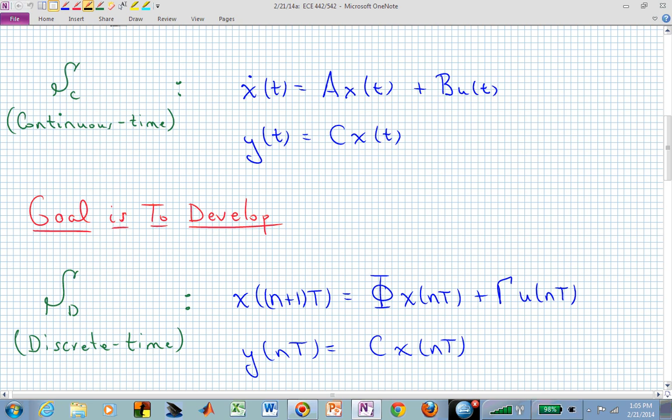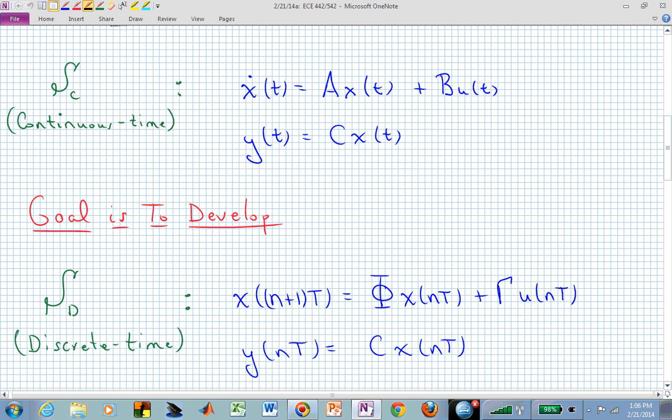It's just now that those vectors are evolving in a sampled sense, or at discrete instances of time determined by the sampling period capital T. And sometimes we may simply suppress that capital T in all of these arguments, and we may just say x at n plus 1 equal phi x of n plus gamma u of n.